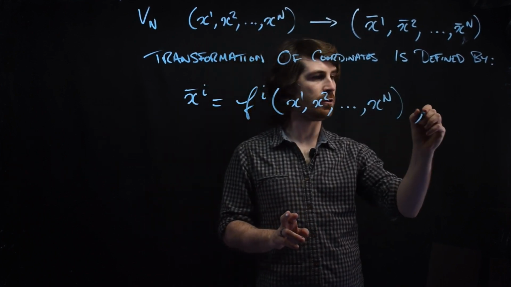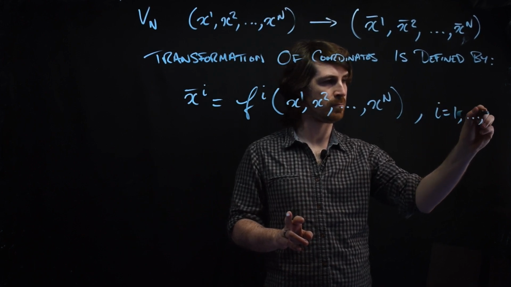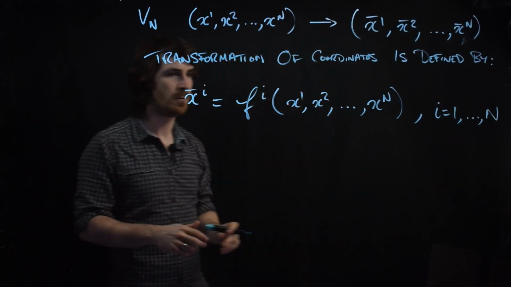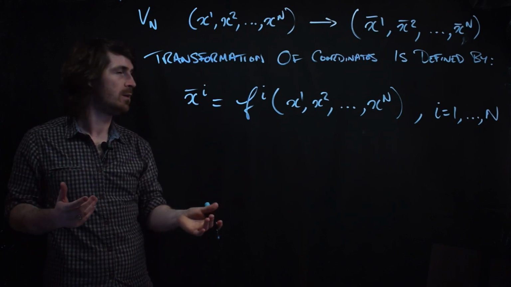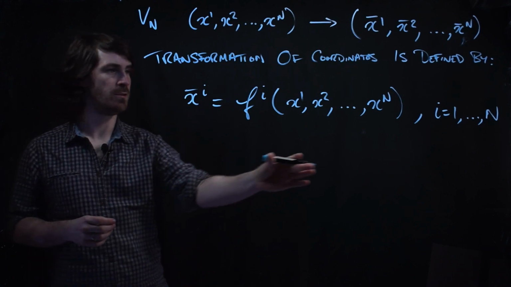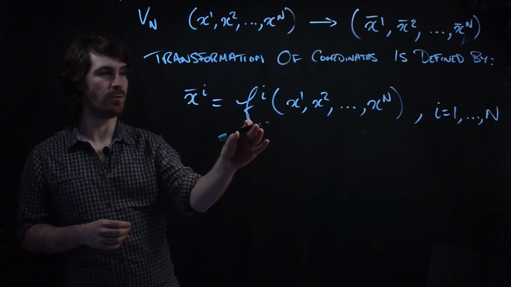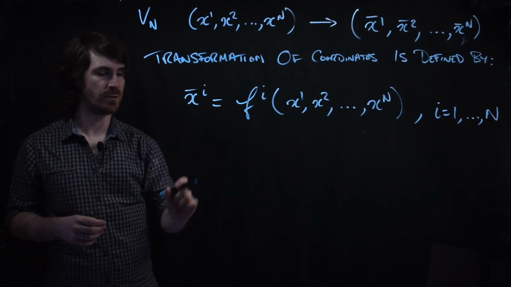Okay, and this is true for all i. And the transformations we will consider we call non-singular, and that means that the new coordinates are uniquely determined by the old coordinates. So there's only one function for each coordinate. Okay, so this function is unique.